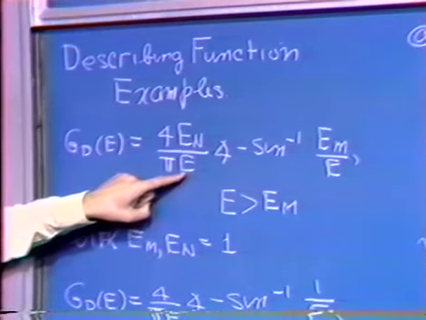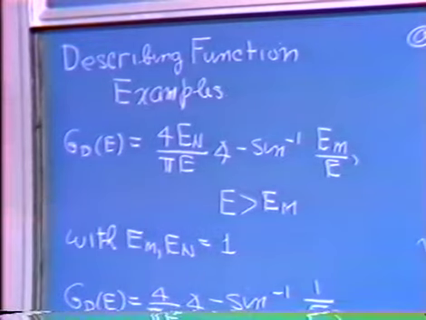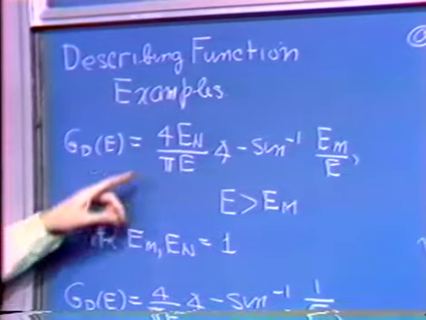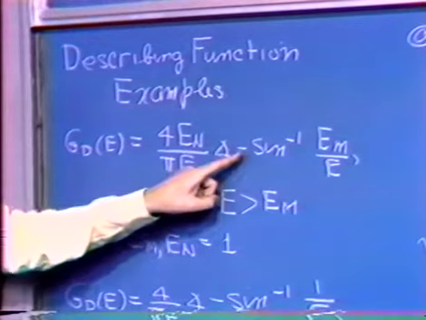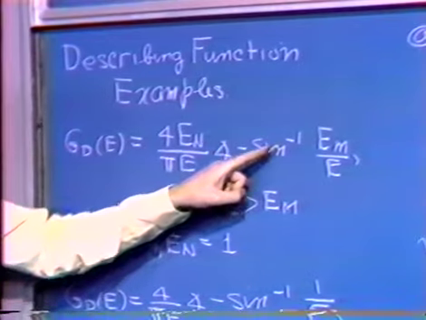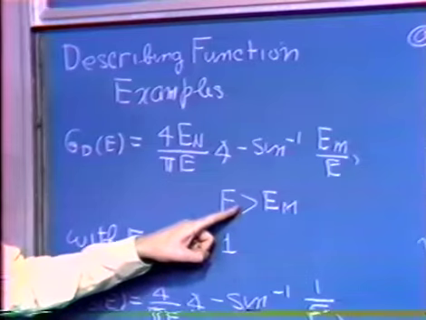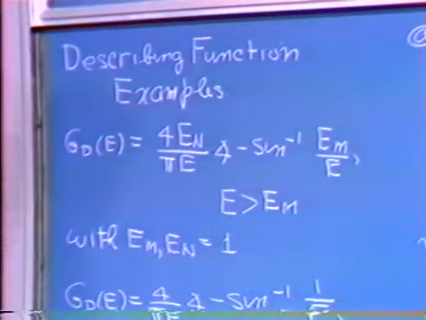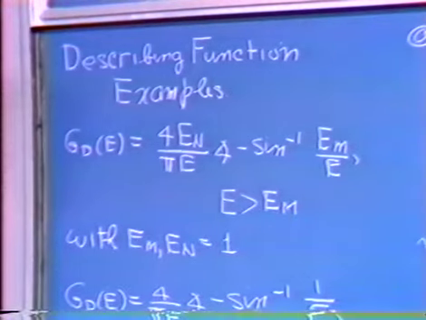We then divide by the magnitude of the input signal to get the gain in a describing function sense of the element. So this is the magnitude portion of the describing function. The angle, as we mentioned in connection with the view graph, is minus the arc sine of E sub m over E. And that expression is, of course, only valid for the input test amplitude exceeding the switching magnitude.